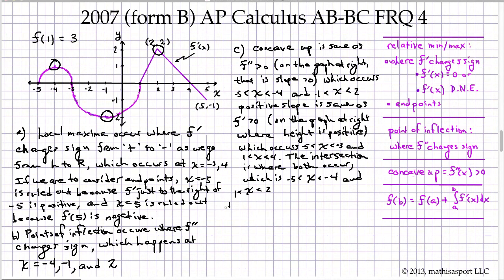So D. Now we're finding absolute minima. Before we found local maxima, now we're finding absolute minima. So minima occur where, let's start with all the local minima.